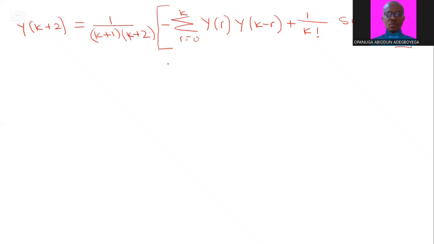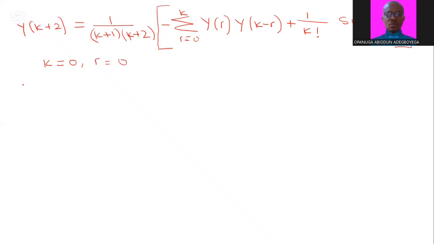So when k is 0, from this summation, that means r will run from 0 to 0. So r is 0.